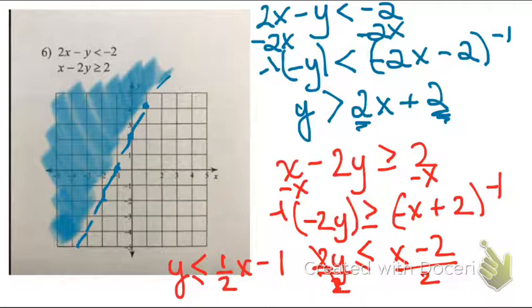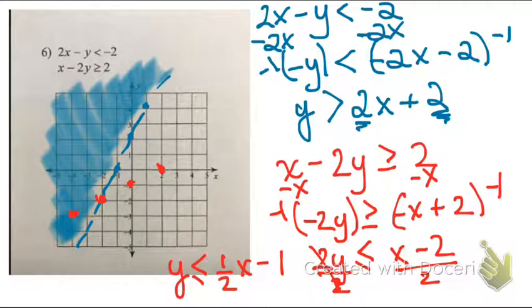Alright, so hopefully this will work out. So now I have 1/2 x minus 1, so negative 1 is my y-intercept. And then my slope is 1/2. It's positive, so up 1 over 2, down 1 over 2, down 1 over 2, and so on.